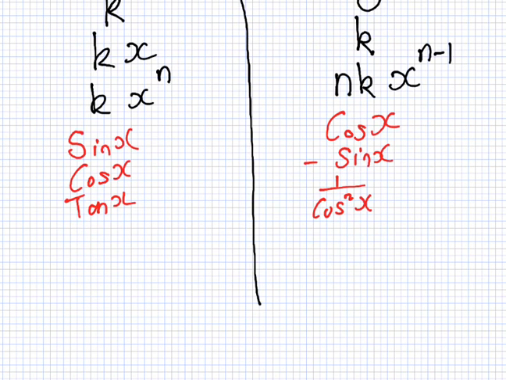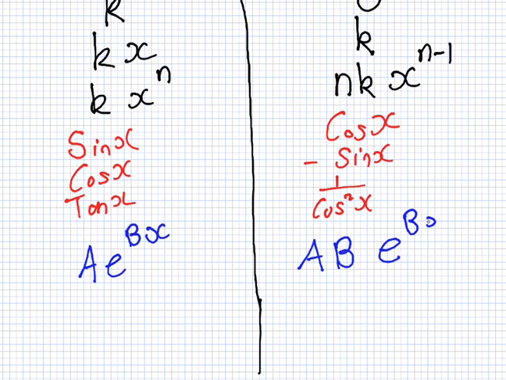Now, there's some other ones too. You have exponentials. So, for example, if you had, let's keep the same letters, a e to the power bx. Its derivative is a b e to the power bx. In other words, that b goes down in the front.